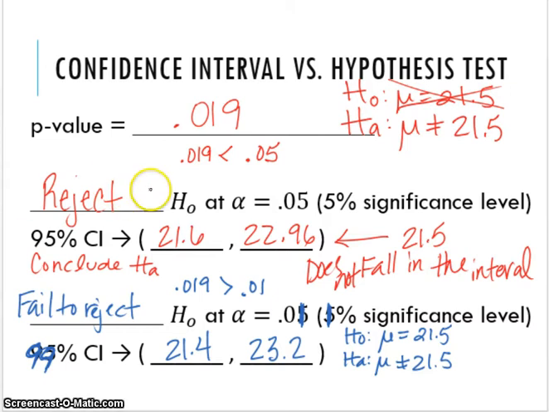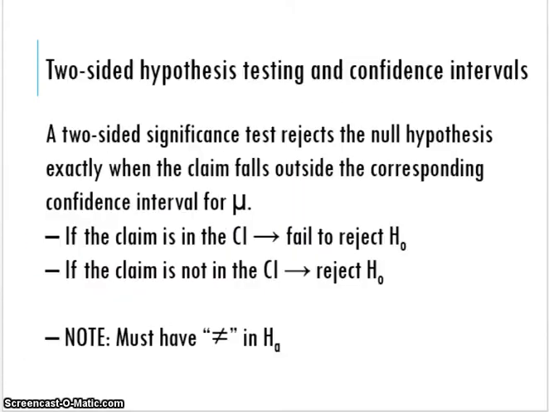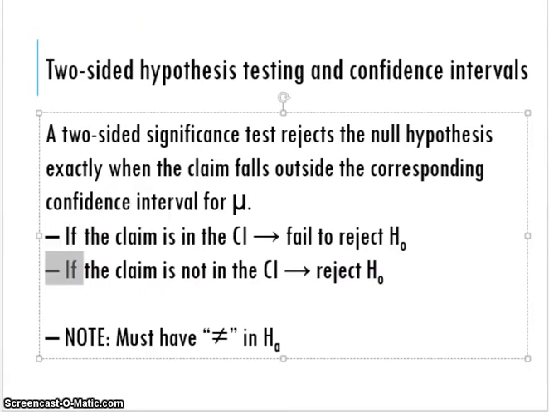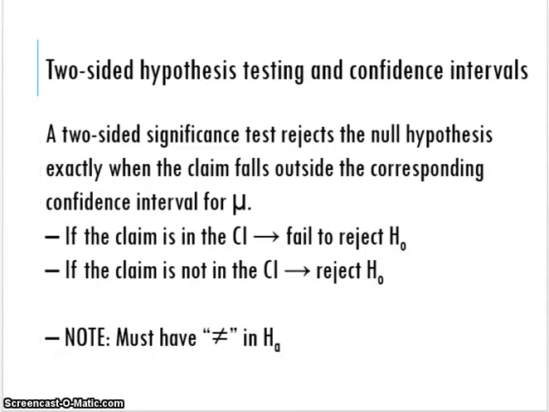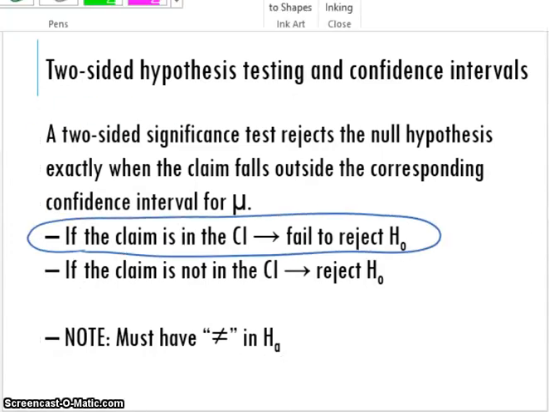Our 99% confidence interval does include 21.5, so that could be the actual average, and therefore we cannot reject it. So again, I'm going to color code this here. In the first part, where we saw 21.5 was in the interval, that was blue, we cannot reject.